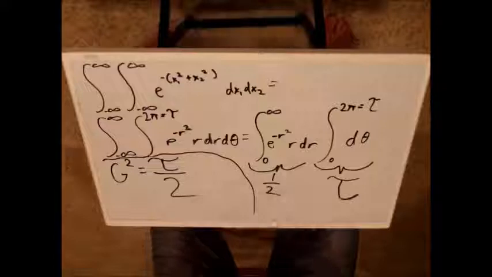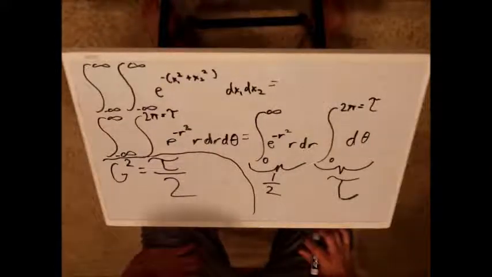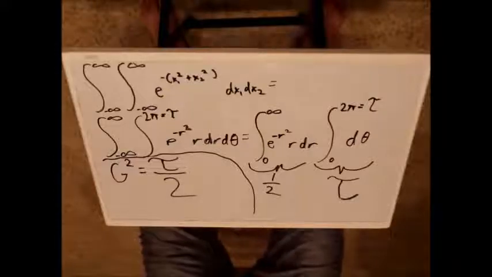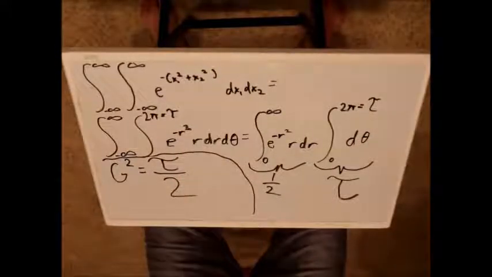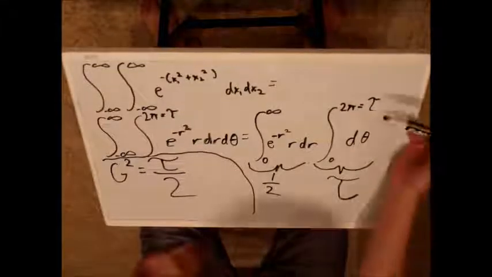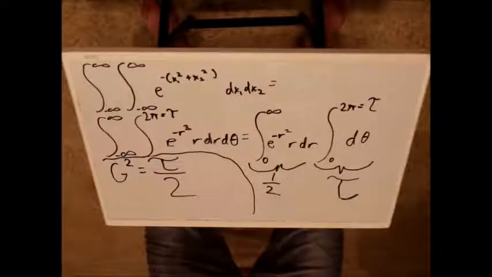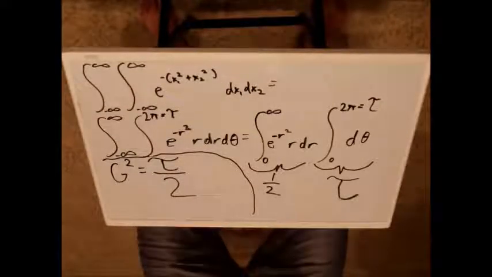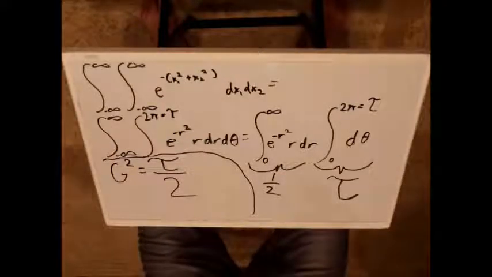Now to summarize, after squaring the Gaussian integral, doing some clever manipulation, and converting it to polar coordinates, the angle part, when measuring in radians of course, yields tau.